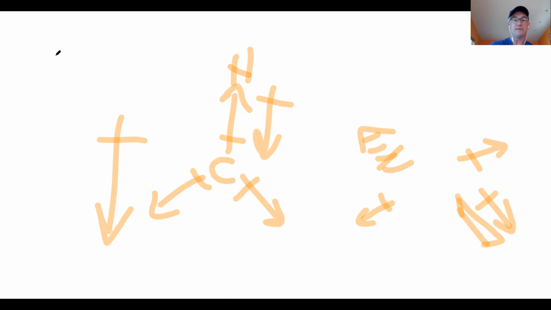This is hydrogen, hydrogen, hydrogen. If I make one substitution, I change one of those hydrogens to fluorine, it becomes polar, just because I've changed the direction of one of those dipoles. It's not nonpolar anymore. All right. Any other questions? You want to do a couple more before we go?